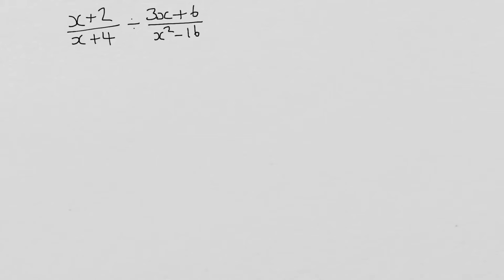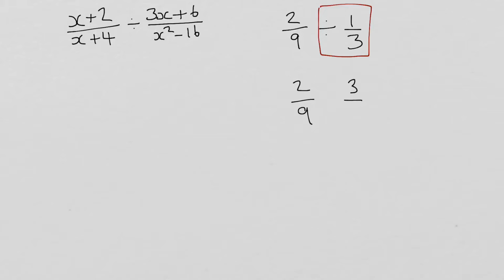So first of all, we know that if we consider our numbers, for example, if I had 2/9 divided by a third, the way that we would go about this is to multiply by the reciprocal. So we would take this fraction here and turn that upside down to give us 3/1.